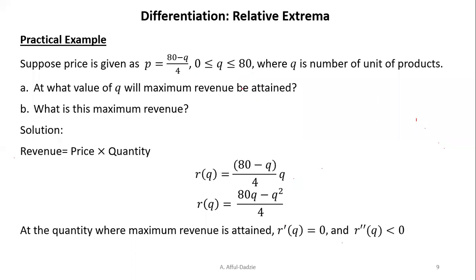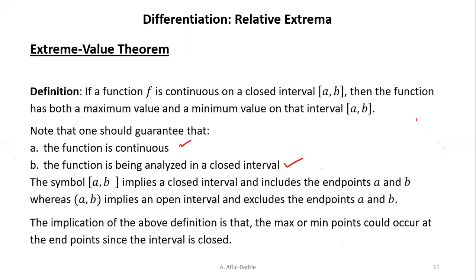It wasn't of interest to us, because we were not interested in the endpoints. It is an example of an interval that could be considered closed, but the emphasis wasn't there, and we were not testing the extreme values. But now we are interested in a closed interval.